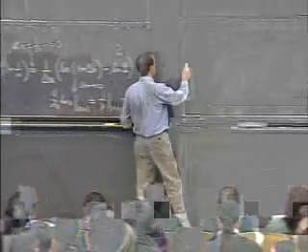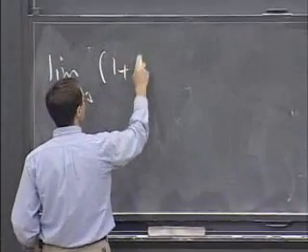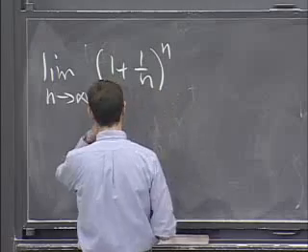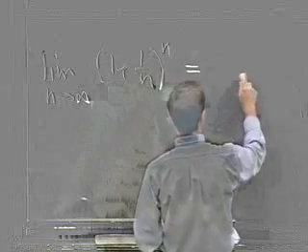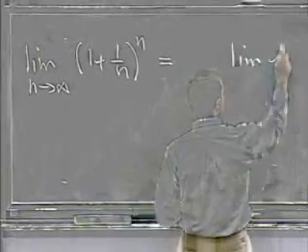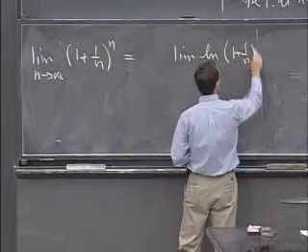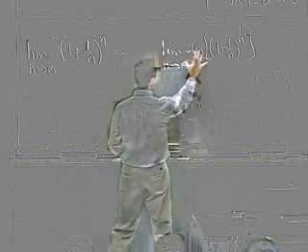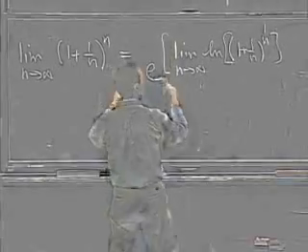So the log of (1 plus 1 over n) to the n, as n goes to infinity, is the one that we just figured out. But now this thing is the exponential of that. So it's really e to this power.